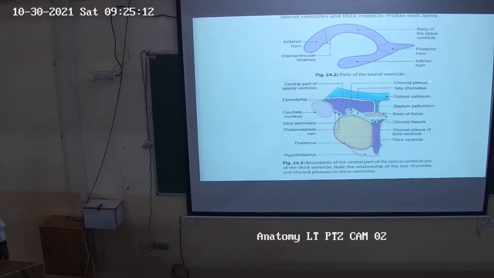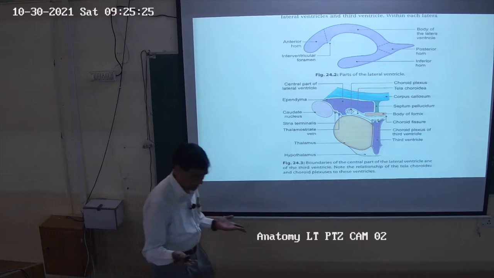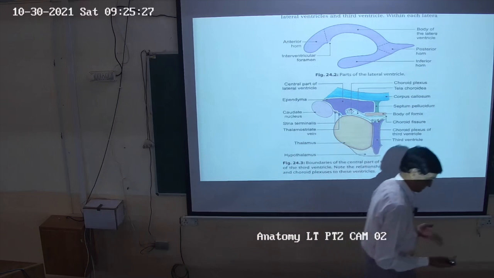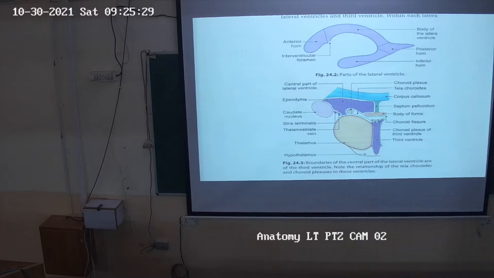This one. The medial wall, look here. The medial wall is formed by the septum pellucidum. What is the septum pellucidum? Partition between the two lateral ventricles. That is the septum pellucidum.